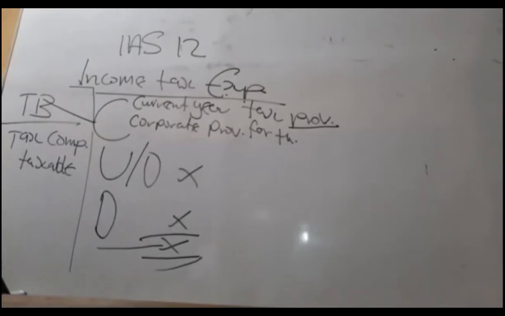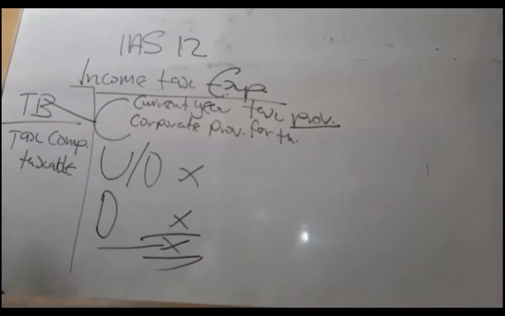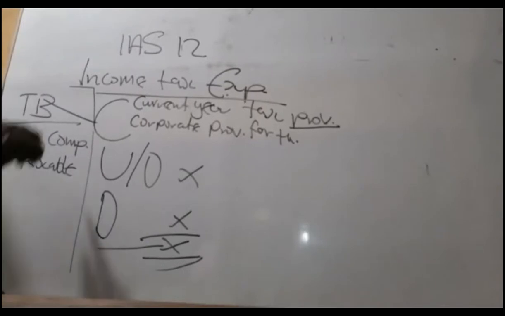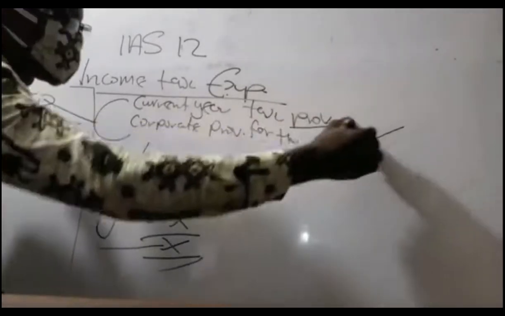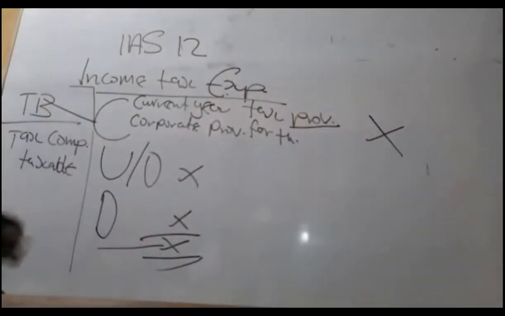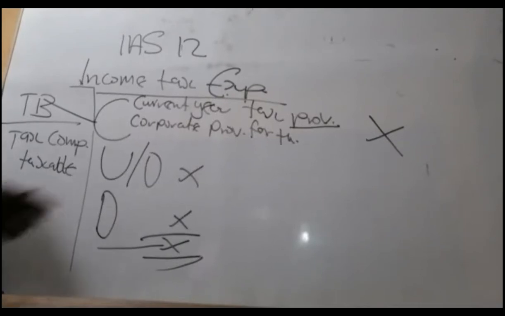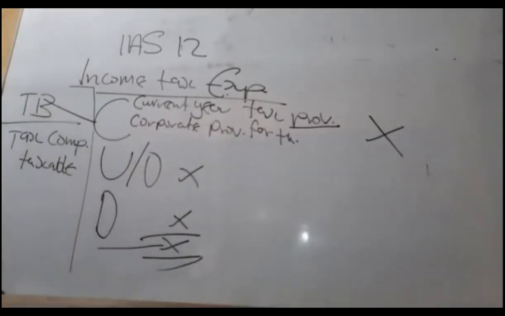If it's in the trial balance, the treatment is just once. After you bring it here, it ends there. It doesn't go anywhere again. After you bring it here, that's the end of the game. You are done.